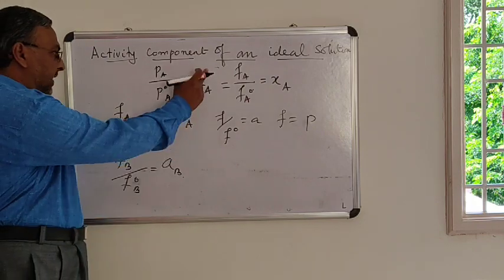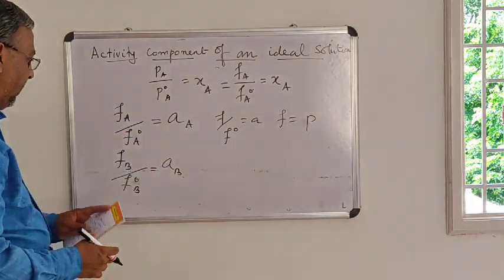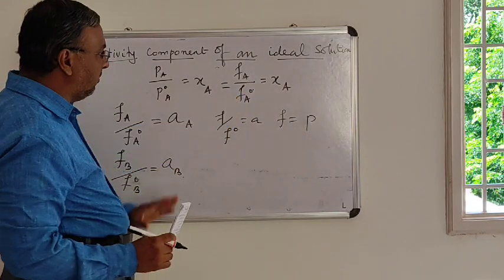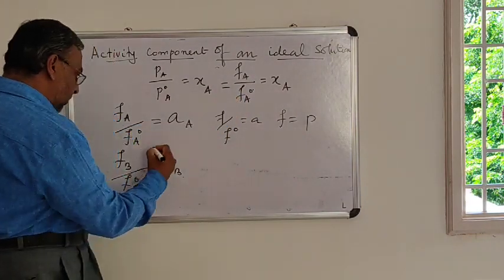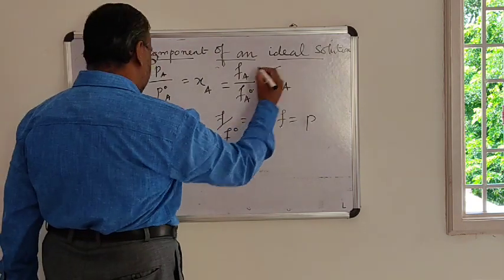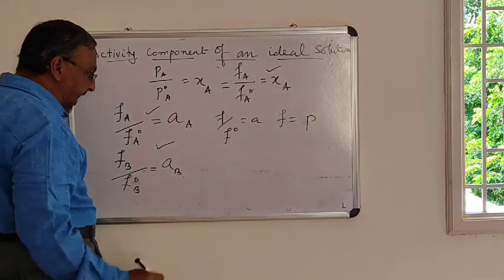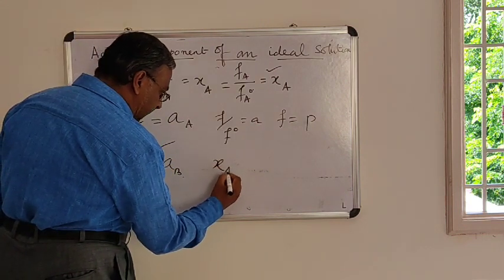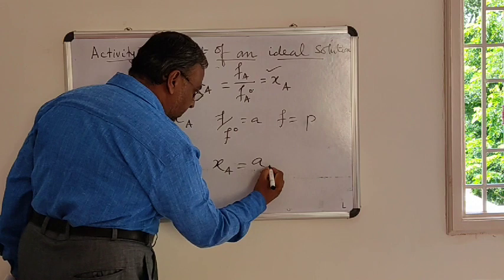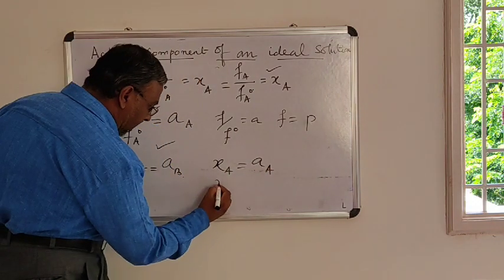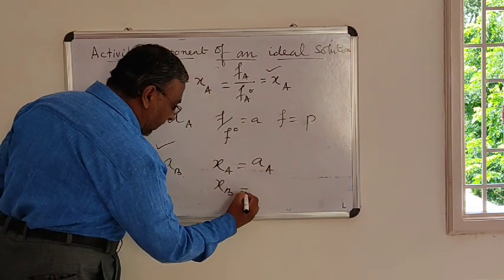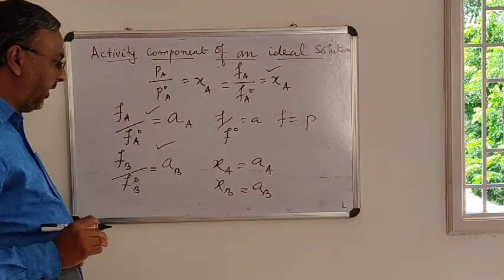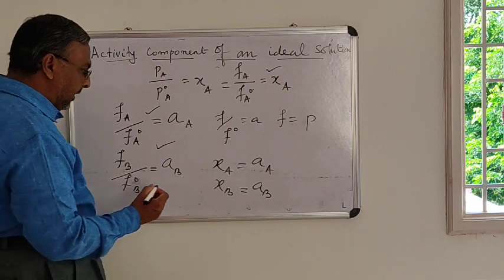Therefore, when the right hand side is the same, the left hand side is also the same. Using these two equations, I can write XA is equal to AA. Similarly, the mole fraction of B will be equal to the activity of B. What is the meaning?